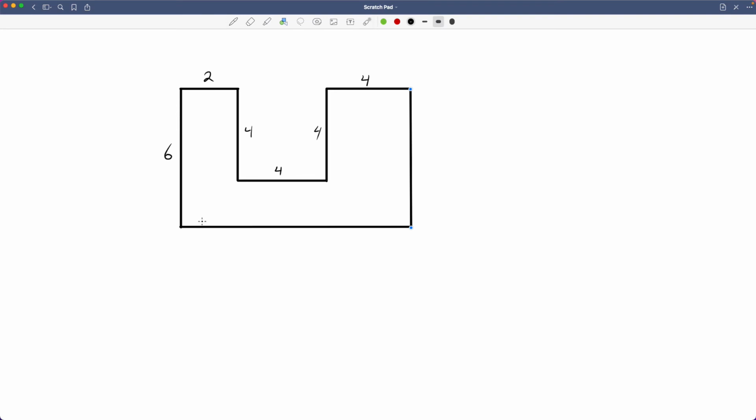So it tells me that parallel lines in a rectangle or a shape that has right angles are going to have the same dimension. So that's something that you can count on whenever you are trying to calculate perimeter or area, because you know that you'll be able to line them up and get that missing dimension. So if you were to add those three up, you would have 2, 4, and 4. So this bottom missing dimension would be 10.